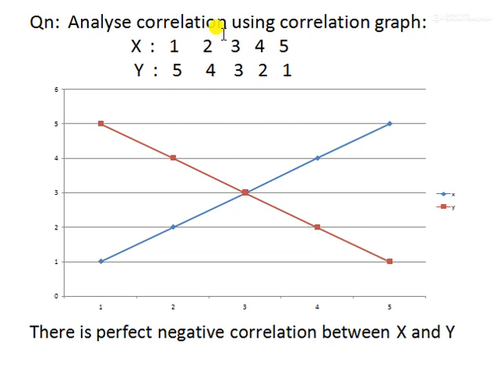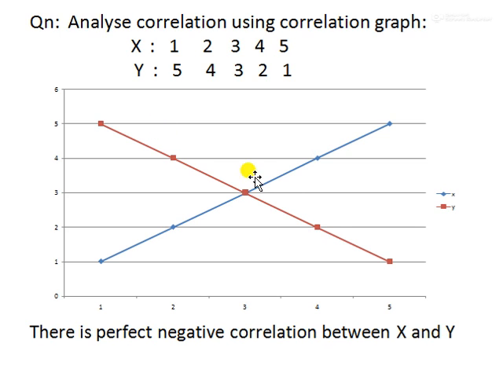In all these time points, x and y are moving in the opposite direction. At the first time period, x shows an increase. During that time, y shows a decrease. Here also, x shows an increase, y shows a decrease. x shows an increase, y shows a decrease.